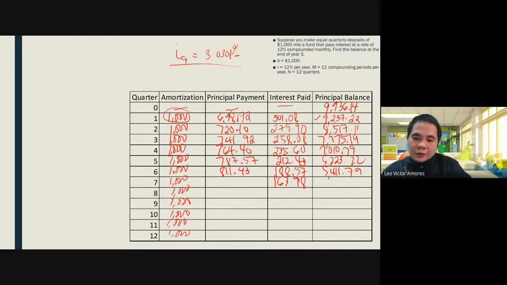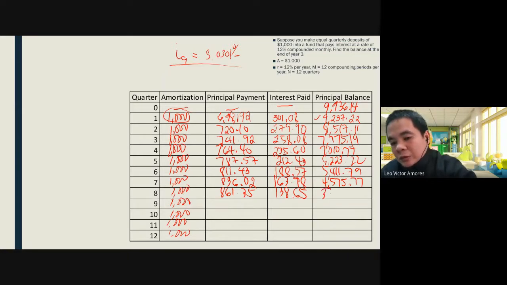Then the interest is 163.98, the principal payment is 836.02, and the balance is 4,575.77. Then 138.65, and the balance is 3,714.42. I'm almost done, class. Can you follow me?